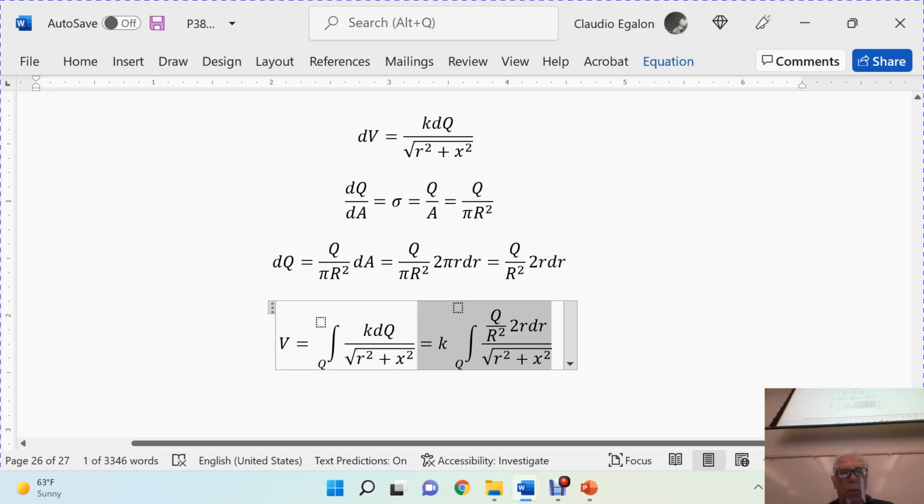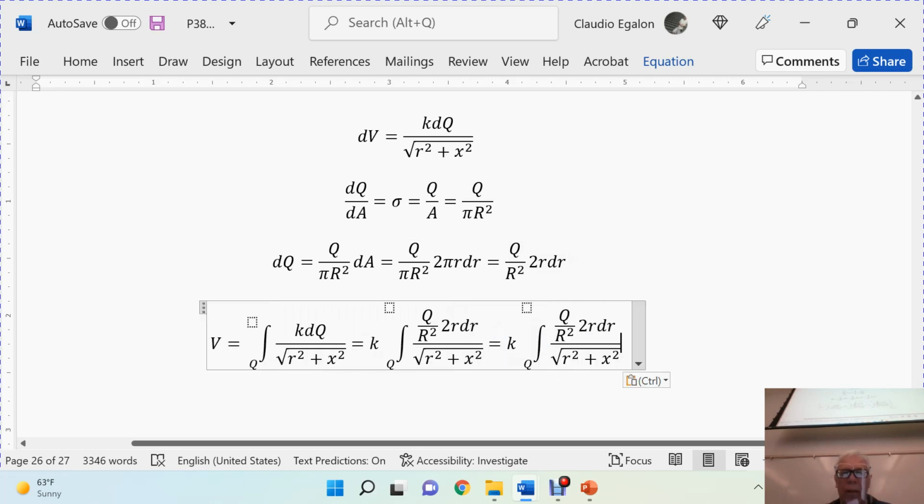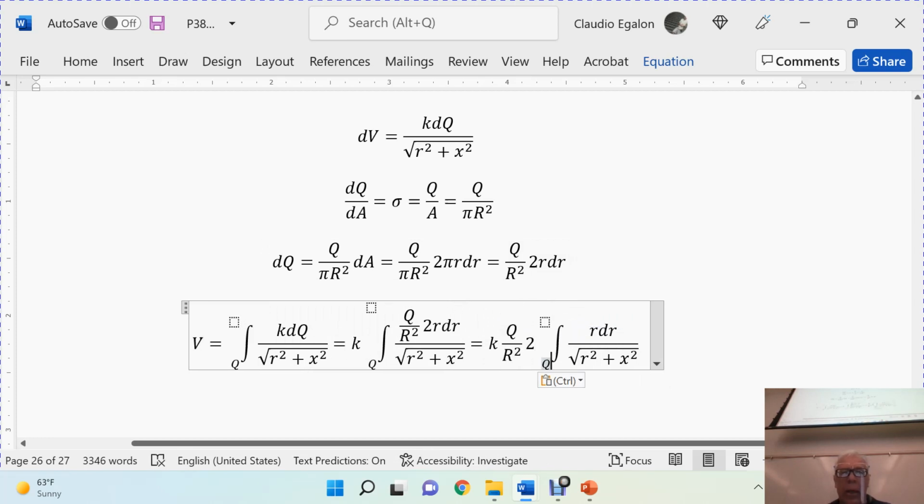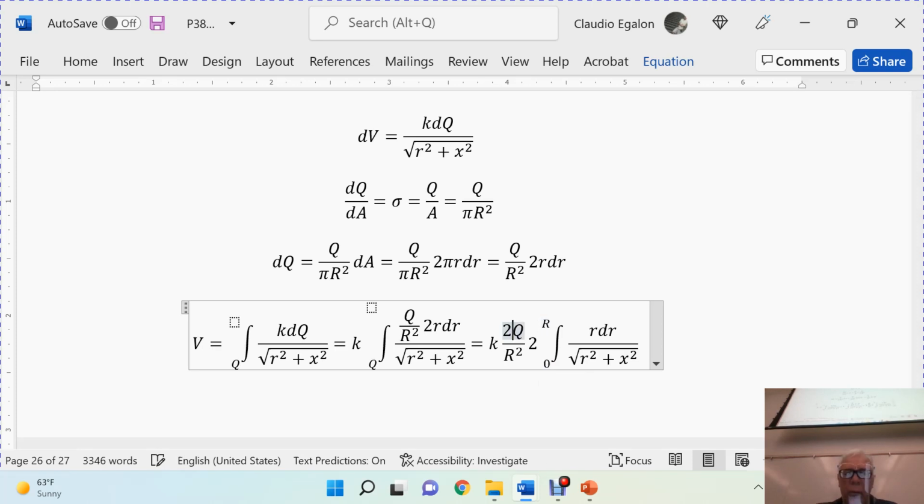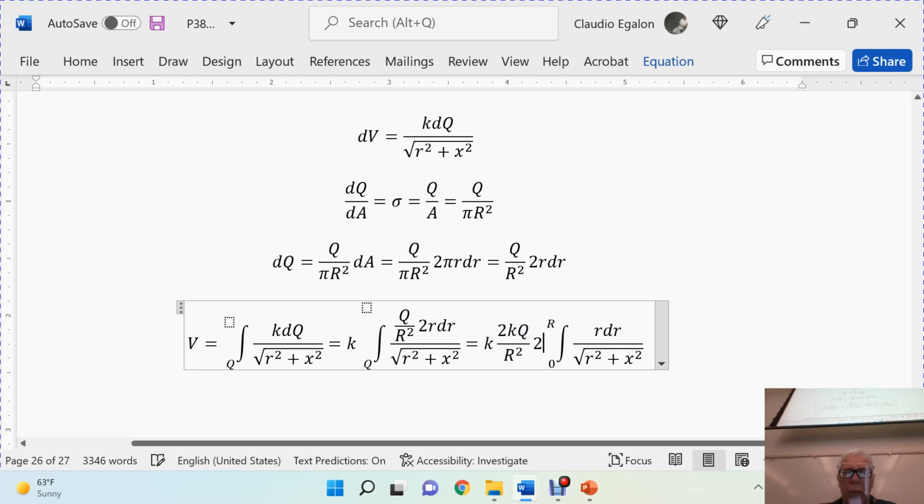What else can we do? Everything that is a constant can be taken out of the integral. And now that I change my integrating variable, we can change also the limits. 2kQ over R squared.